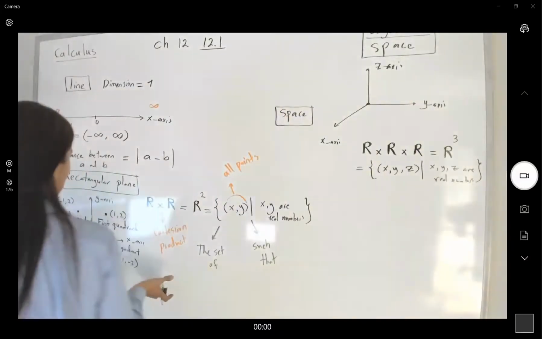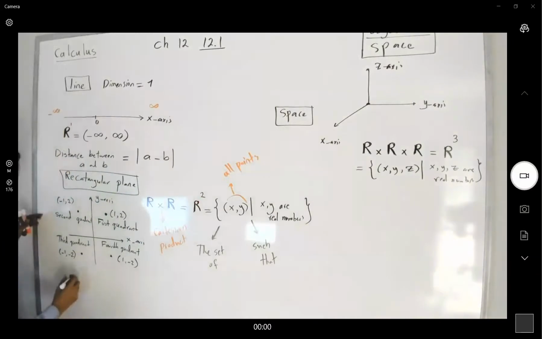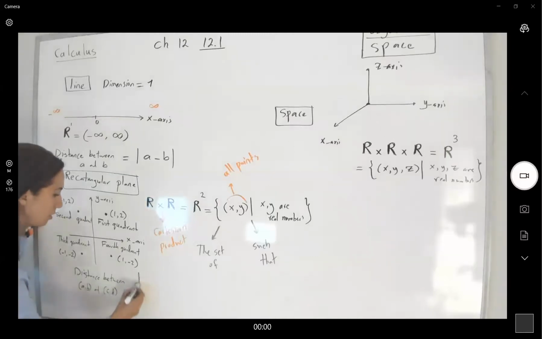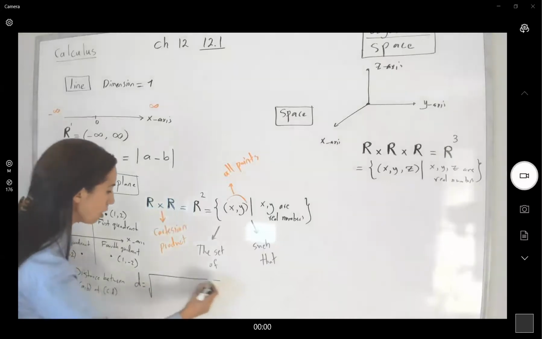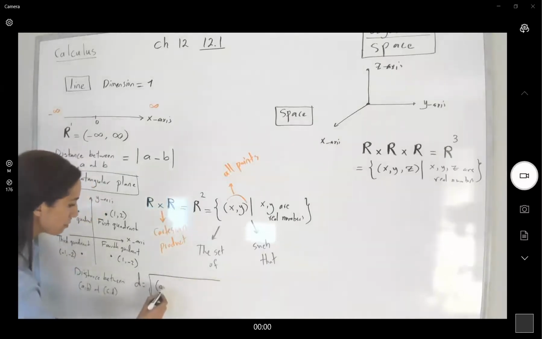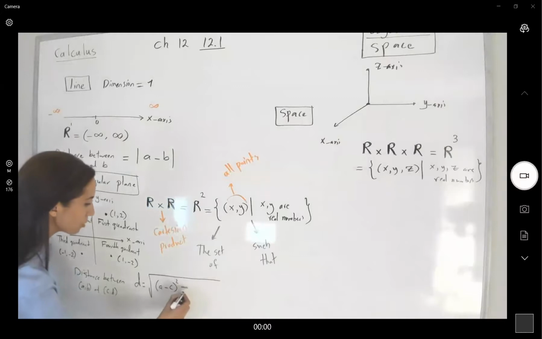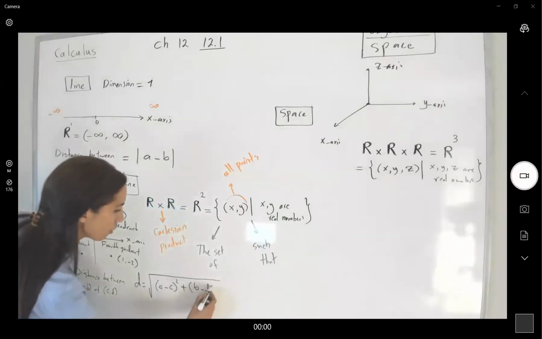How did we define the distance in 2D? Distance between 2 points, A, B and C, D. D is equal to the square root of the difference between x values squared plus the difference between y values squared.